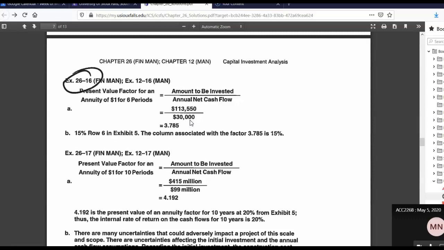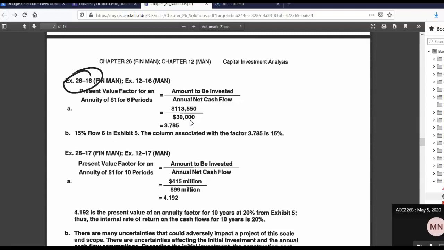The investment on the top, and then your annual cash flows on the bottom. So that's 113,550 divided by 30,000, that's 3.785. That's the factor, but that's also 3.785 years, and it pays itself back.